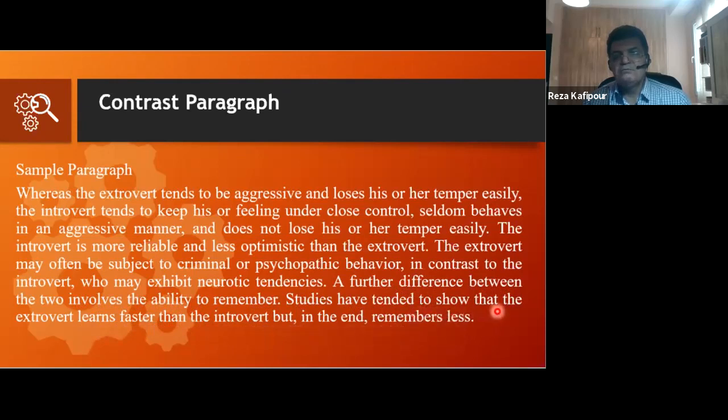Actually, here we merged two structures, using a comparative adjective, "learns faster than", and then the conjunction "but" to show another basis of difference. So it is a typical paragraph for contrasting two persons or two things.